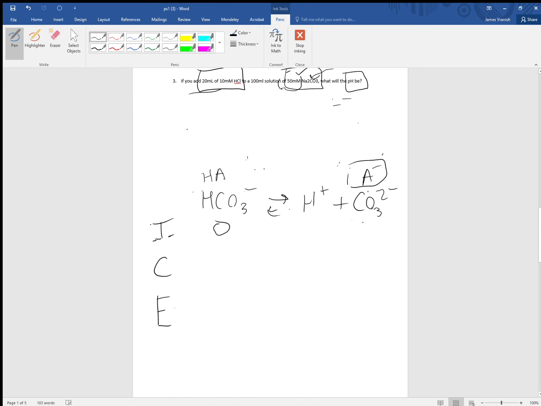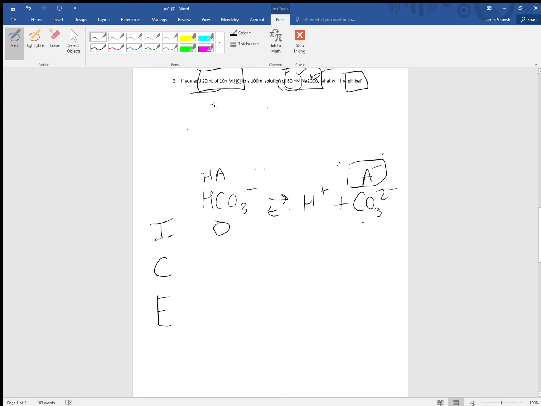And 50 millimolar is 50 millimoles per liter. We want to get rid of the milli term, and there are 1,000 millimoles in 1 mole. So if we multiply these together, we end up with 0.05 moles per liter.